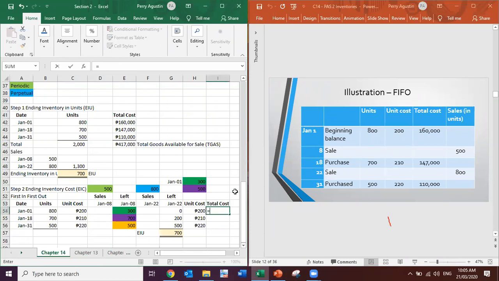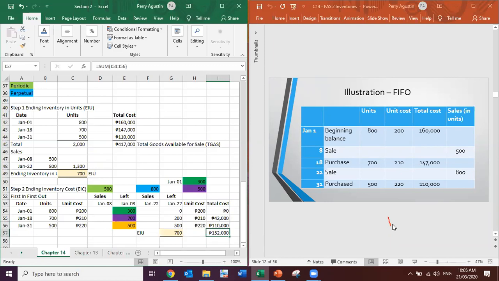So our total cost is simply, again, we just multiply 0 times 200. So that is obviously 0. 200 units times 210 pesos. That is 42,000. 500 times 220. So therefore, that is our January 31 inventory.